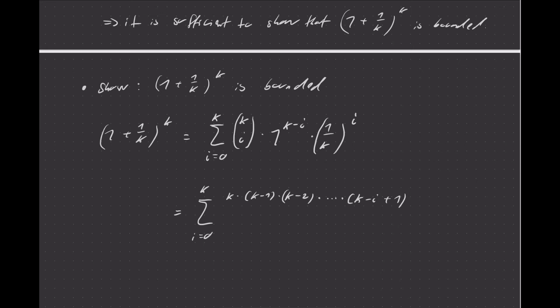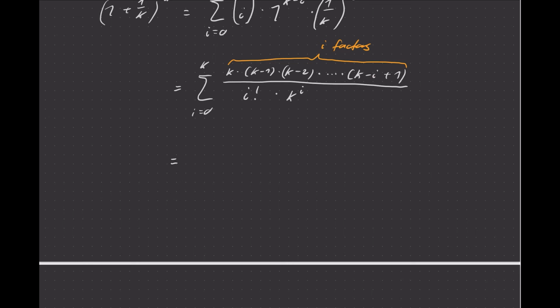So this counts as well. So here, what we need is exactly I factors of that sort. And then we need to divide that by I factorial. And then we still have these expressions here. So 1 to whatever power is always 1. And 1 over k to the power of I is, of course, 1 over k to the power of I. So we can just multiply this by k to the power of I here.